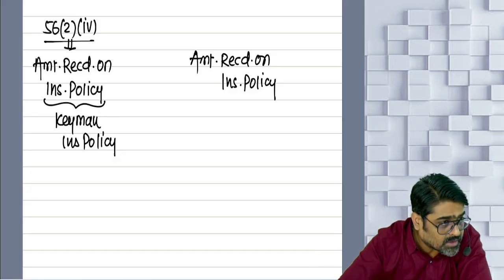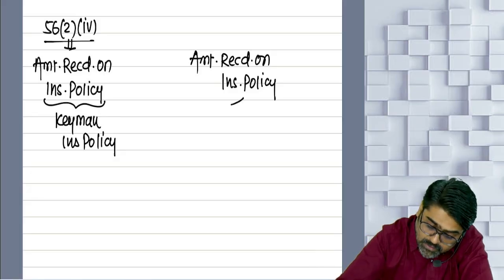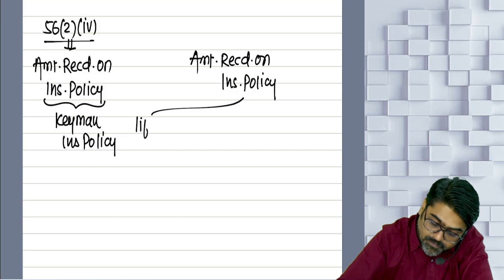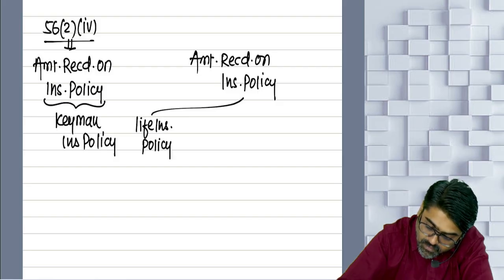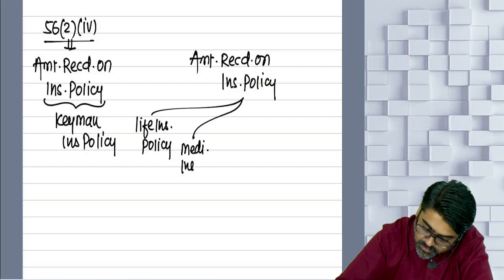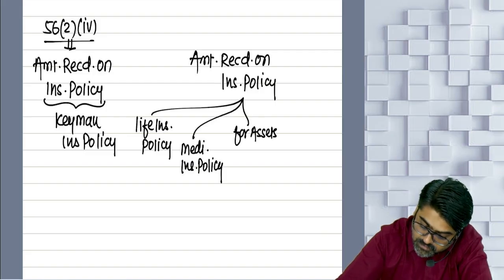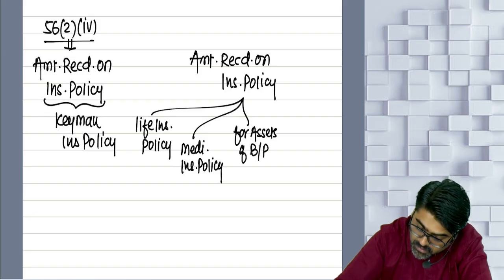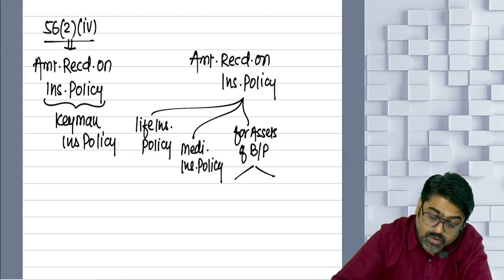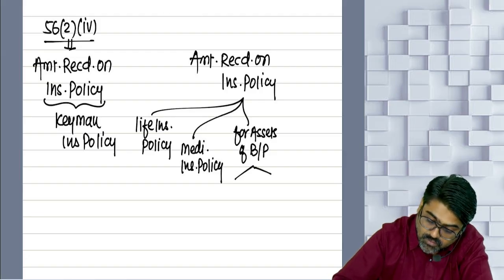So if the amount is received on insurance policy, what type of insurance policy? The insurance policy can be life insurance policy. Yes or no? Insurance policy can be medical insurance policy. Yes or no? Insurance policy can be taken for assets of business or profession, and that asset was what?